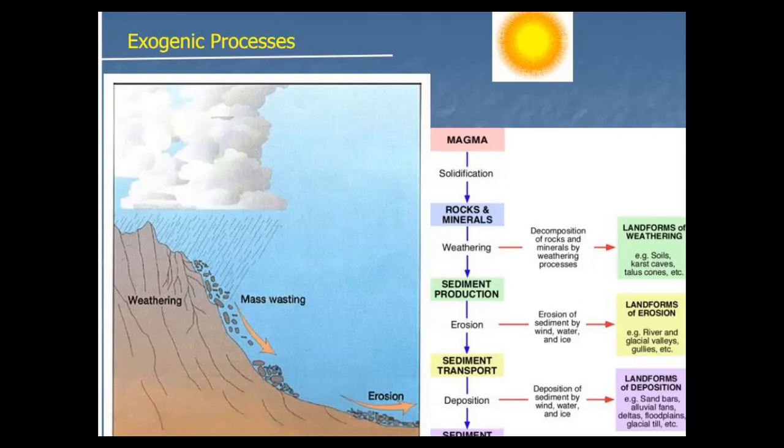For example, when temperature reaches freezing point, water would fill up the cracks, right? Water that has filled up the cracks would solidify, become ice. And we know when water solidifies, it expands.